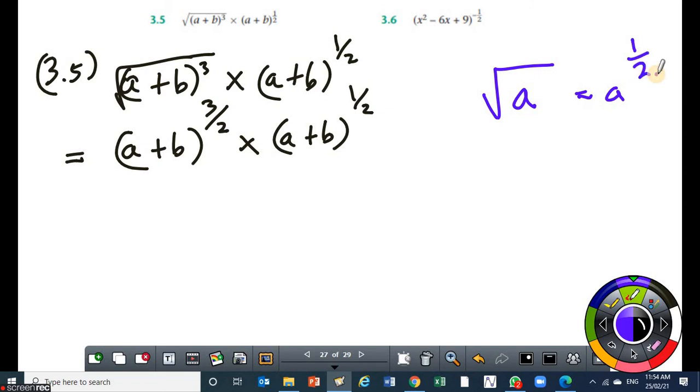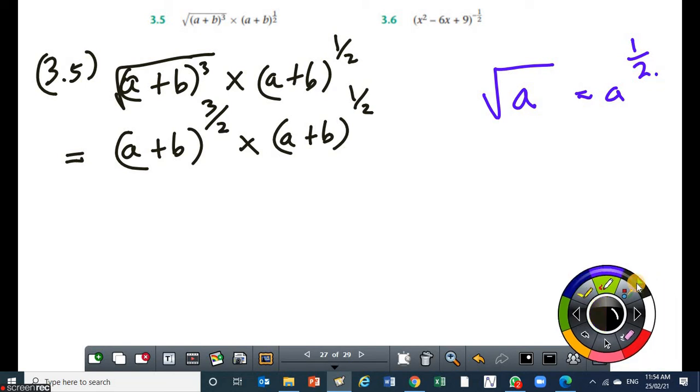With the 2, when it comes to the square root, we don't write it; we only start writing when it's a 3, 4, 5, 6, 7, and so on. So the square root sign is only covering the a plus b. Alright?